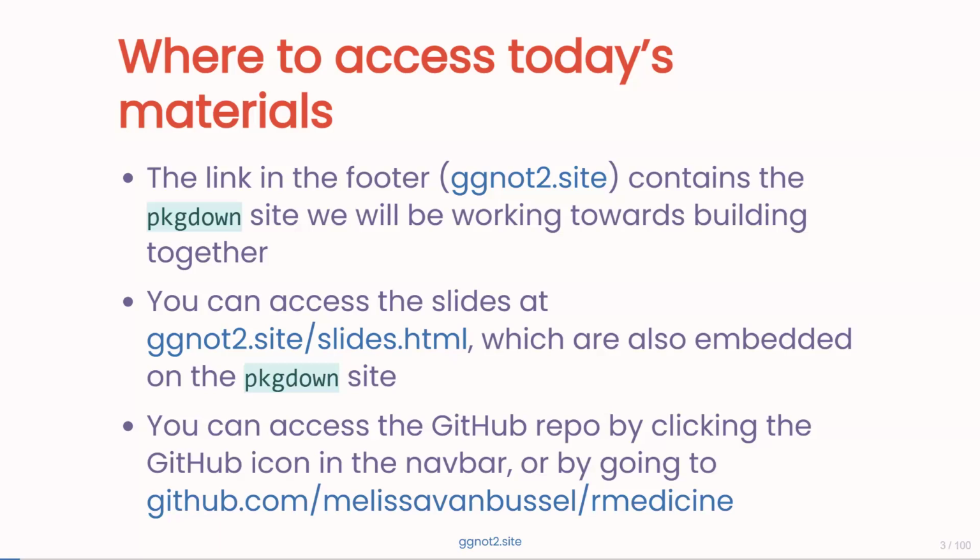That will take you to the site we're going to be working towards today. If you add /slides.html onto the end of that, you'll find the slide deck. The slides are also embedded on that link in the footer. You can get to the GitHub repo either by clicking on the GitHub icon in the nav bar on that site, or by using the direct link to GitHub.